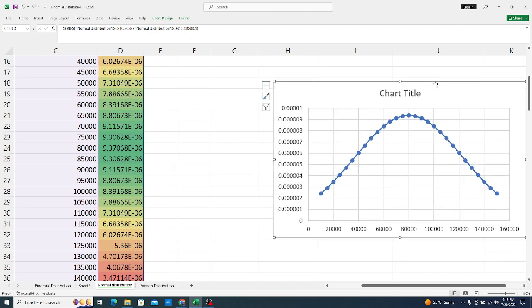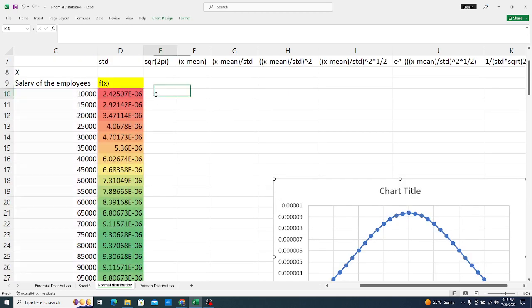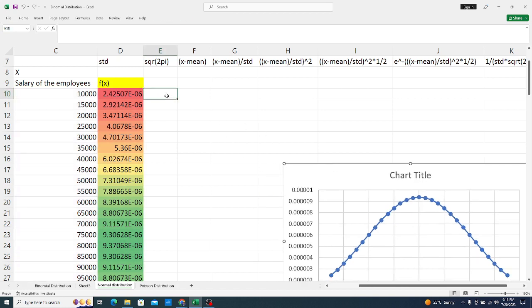I don't know if I can try to create a new probability here, using a different mean, and see how the normal distribution will behave. So let's assume this is the standard normal distribution.